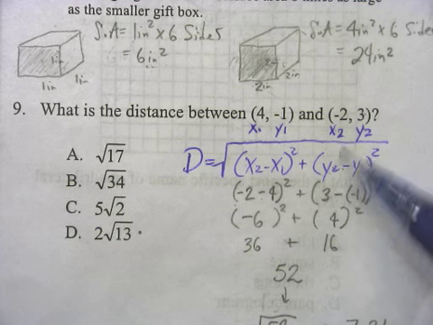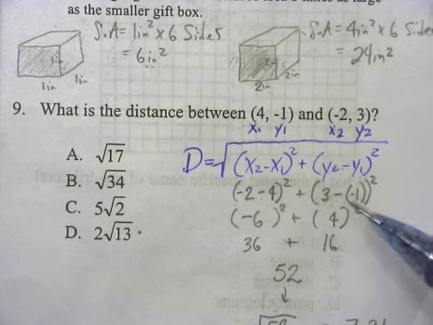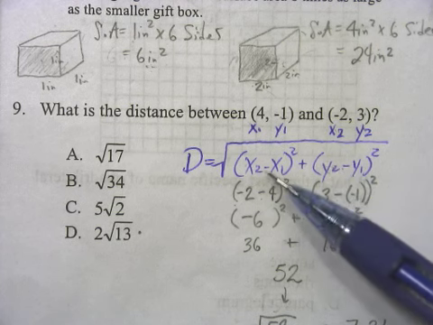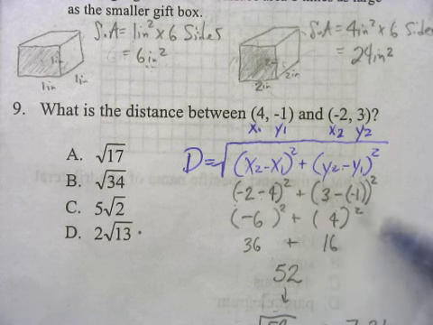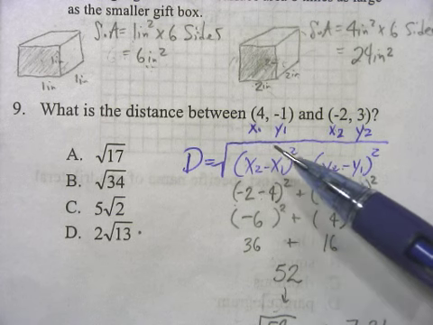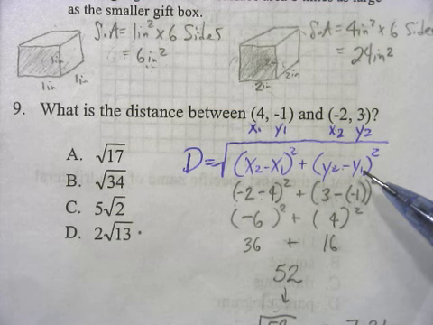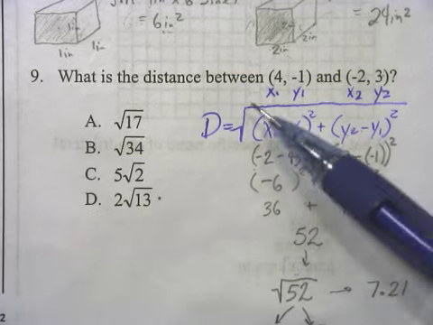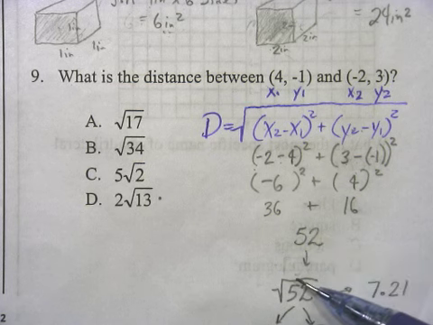What's y2? y2 is 3, and that's going to be minus y1, which is -1. I'm not going to get into the details of adding and subtracting integers. By now you should know how to do that. Again, you can pause this and look at this math. So when I plug in all of the numbers into my distance formula, I get the square root of 52.